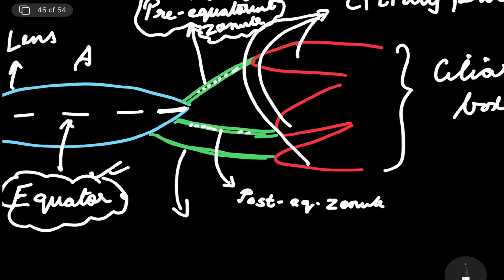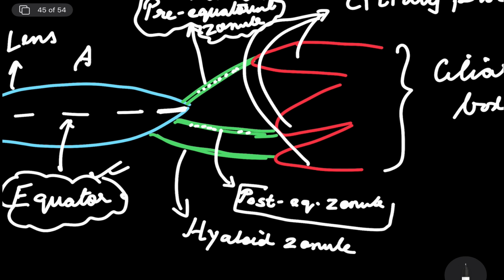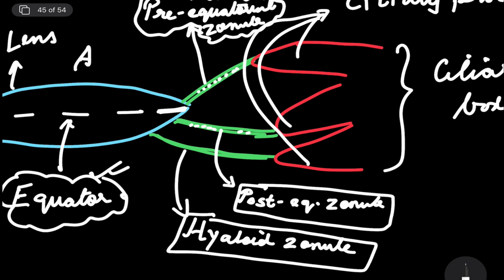The posterior-most zonule has been given a very special name, even though it is also a post-equatorial zonule, it has been given another special name called the hyaloid zonule. So we have the pre-equatorial zonules, which are the anterior-most, the post-equatorial zonule, and the hyaloid zonule.